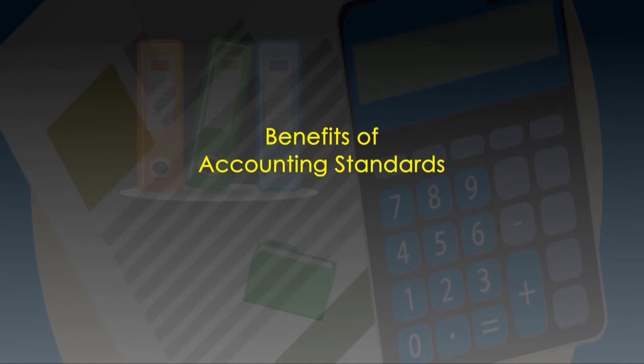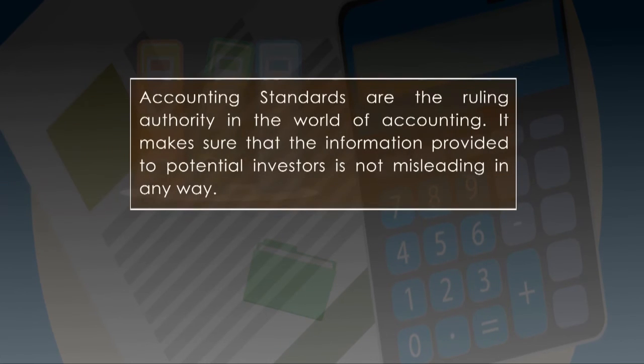Now we have benefits of accounting standards. Accounting standards are the ruling authority in the world of accounting. They make sure that the information provided to potential investors is not misleading in any way. Let us take a look at the benefits of accounting standards.